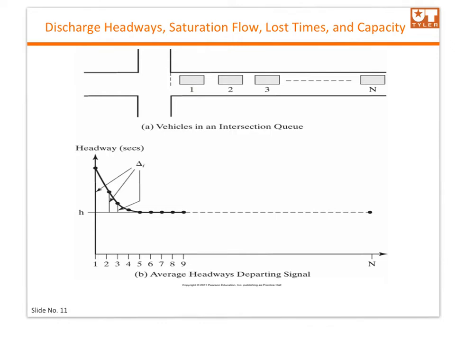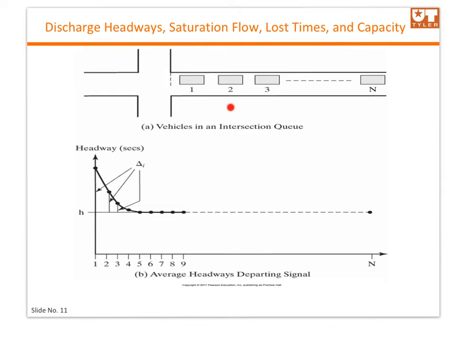Once it starts to turn green, the driver has to hit the gas and accelerate to reach the maximum speed. That takes some time for the first driver to react to the green light, and therefore the headway for the first driver is significantly higher than the second and the third.